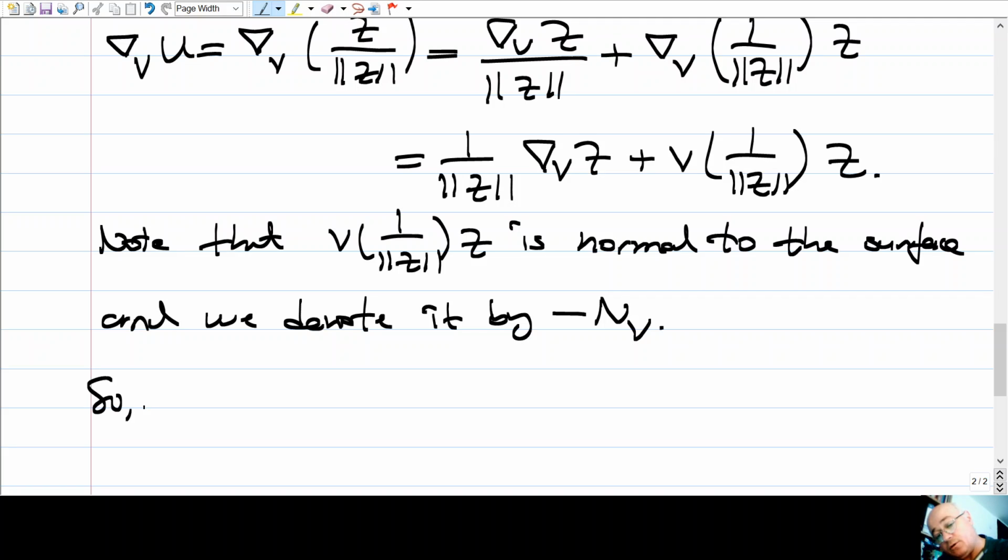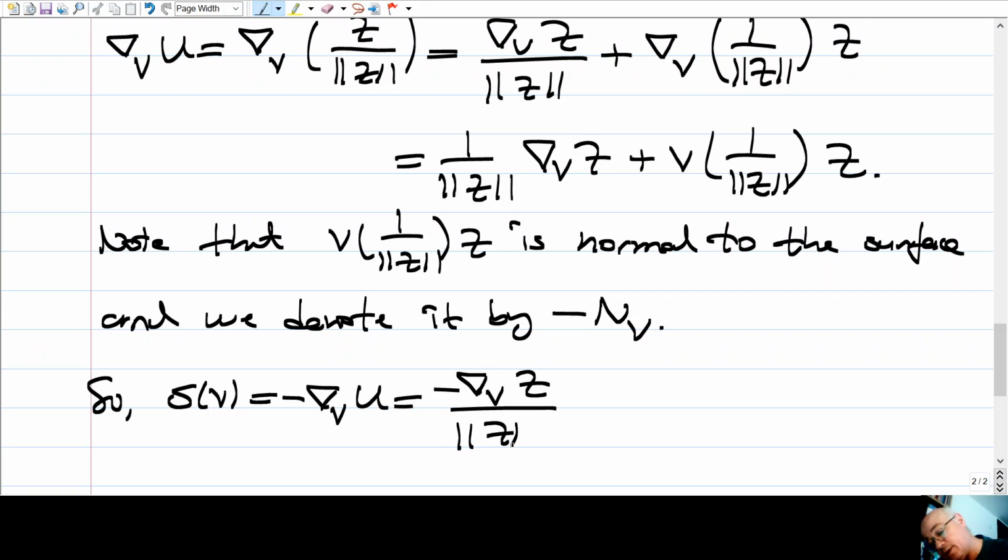So our shape operator becomes this, which is by definition this. So this is the covariant derivative of Z divided by the norm of Z, times NV. Okay.